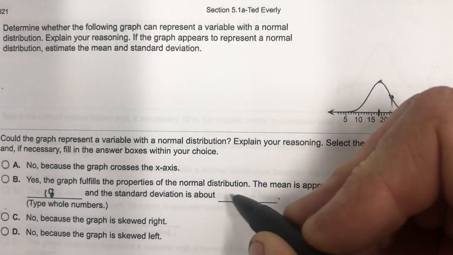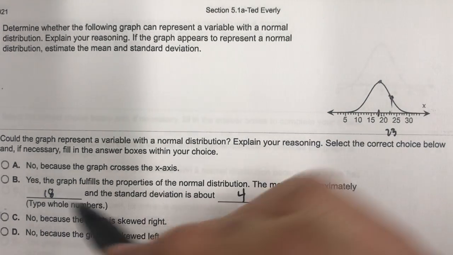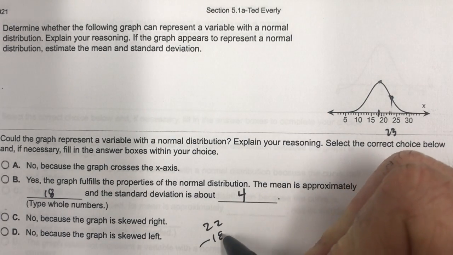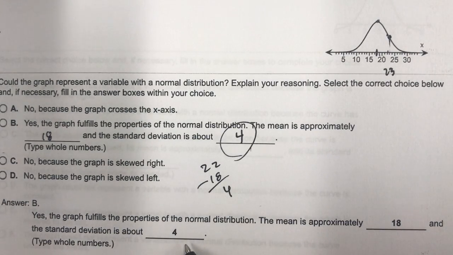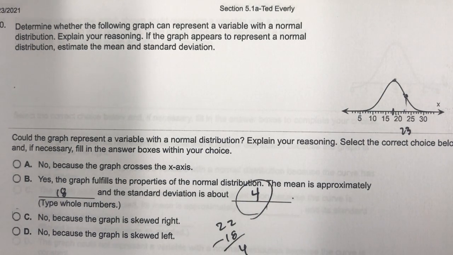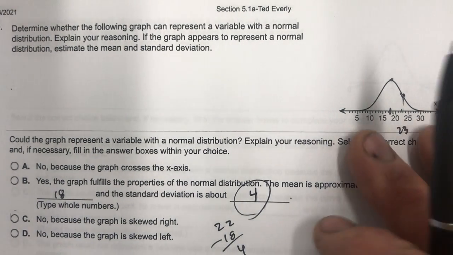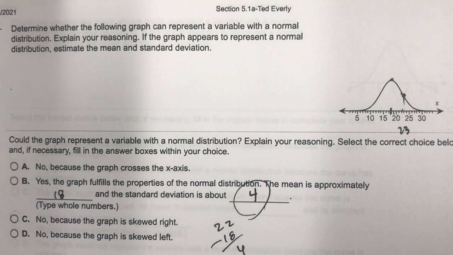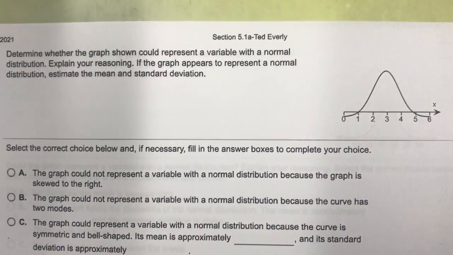I think it's 22, so that means 22 minus 18 is 4. That's what the answer says down here, 4. It's about 4. Now you just have to try to estimate it a little bit, and it's kind of hard to tell on mine because it's so small. On yours, I think you can blow it up on the screen and you can look at it a lot better.